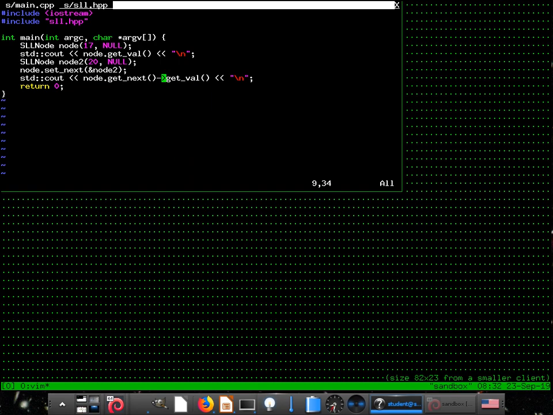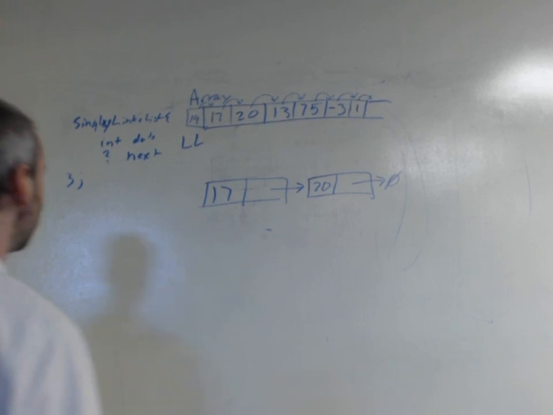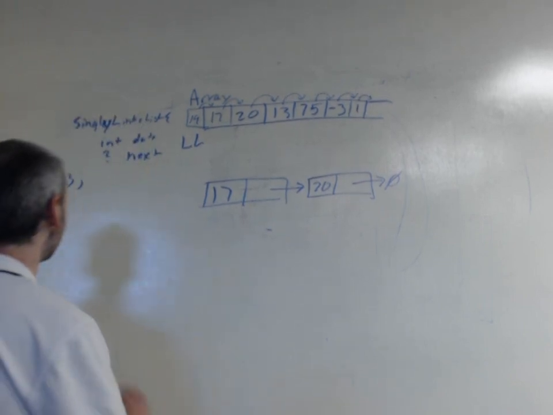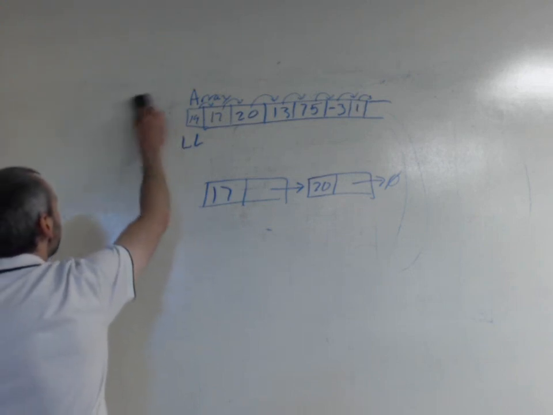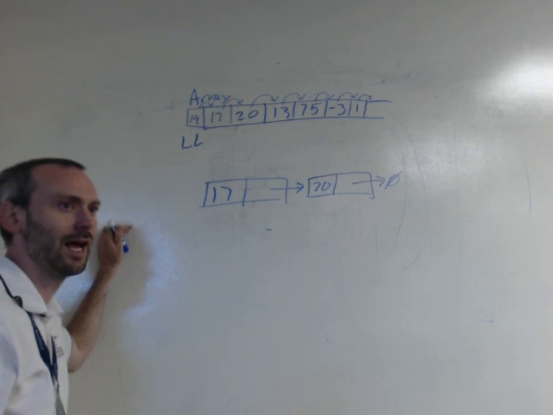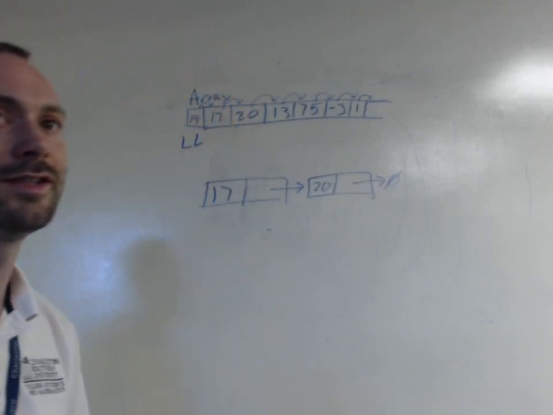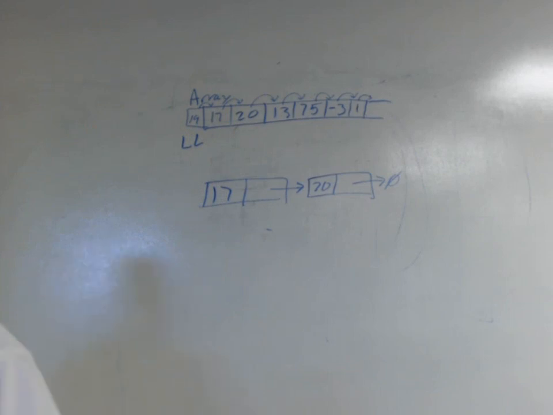All right, so now that we've talked a little bit about nodes, we want to create the linked list class itself. So I'm going to go erase my little node thing up here. So if we want our linked list class to represent a full linked list that contains nodes, what is the linked list class going to have?